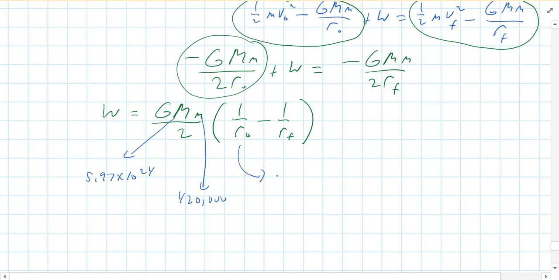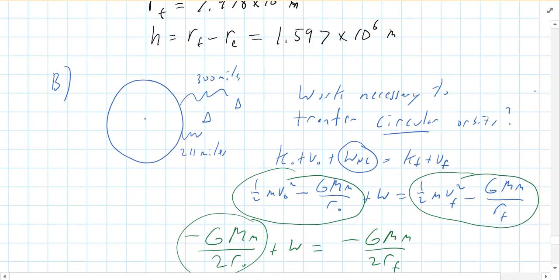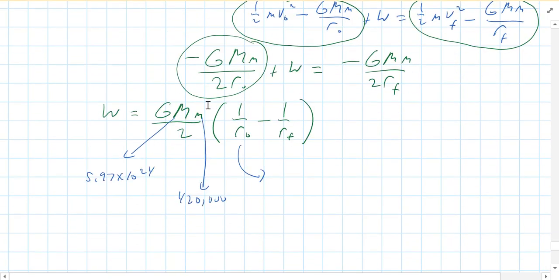R naught is the radius of the Earth plus the orbital height, so we need to add this plus that. That's 6.38 times 10 to the 6th, the radius of the Earth, plus 211 miles, and we have to convert that to meters, so we multiply by 1609 meters in a mile.